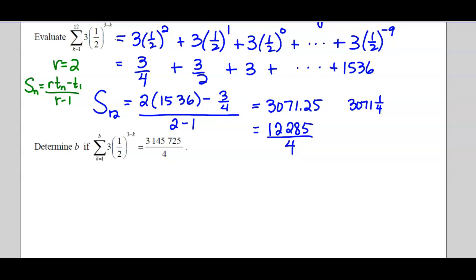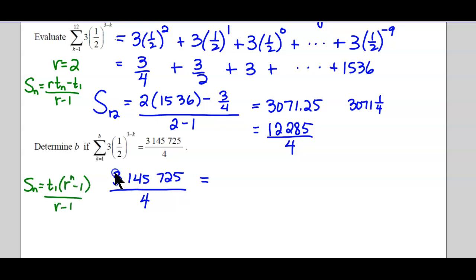So here, that's going to be our sum. Okay. We don't have the last term, so we can't use that same formula. So we have to use the other formula, which is T1 times r to the n minus 1 over r minus 1.